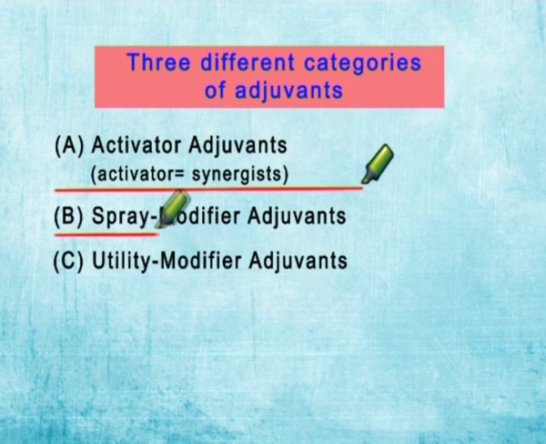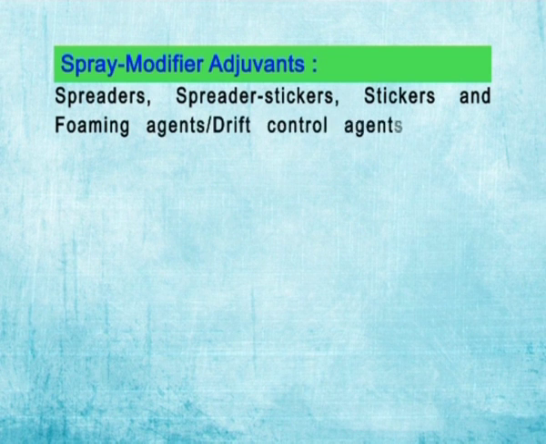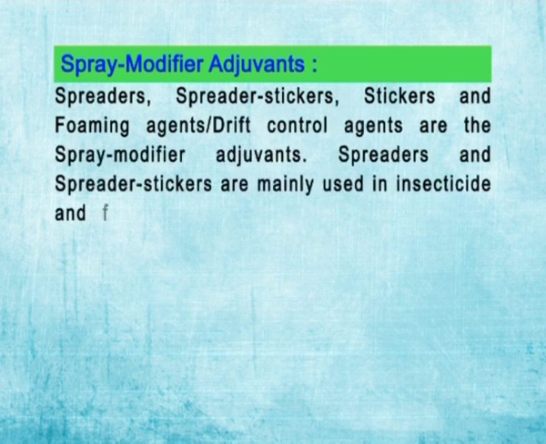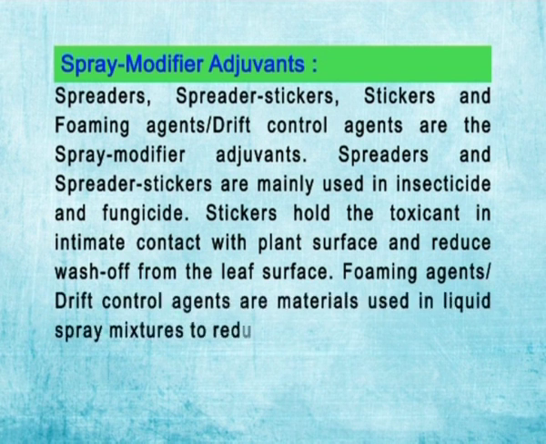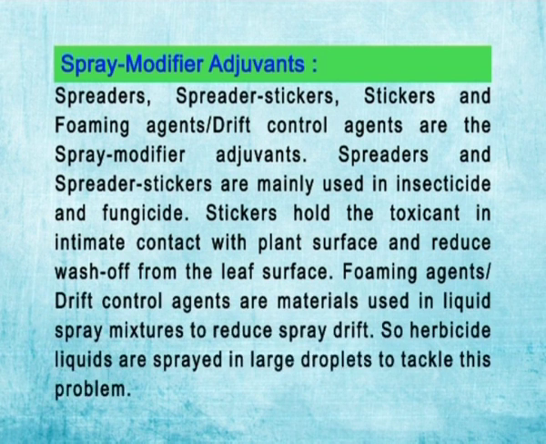B. Spray modifier adjuvants. Spreaders, spreader stickers, and foaming agents or drip control agents are the spray modifier adjuvants. Spreaders and spreader stickers are mainly used in insecticide and fungicide. Stickers hold the toxicant in intimate contact with plant surface and reduce wash-off from the leaf surface.